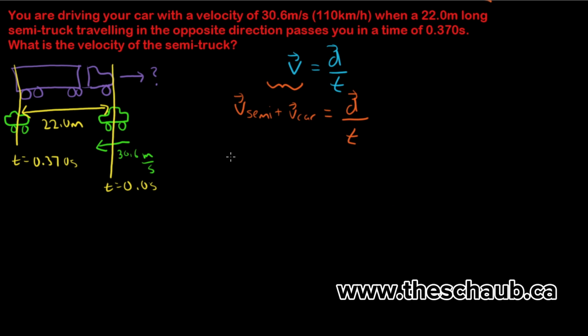Now we're ready for some numbers. The velocity of the semi is the quantity we're looking for. We add the velocity of the car, which is our 30.6 meters per second, and this equals the 22 meters that the two vehicles cover with their respective velocities and the time that they cover it in, 0.370 seconds. 22 divided by 0.370 seconds is equal to 59.459, repeating decimal, meters per second.